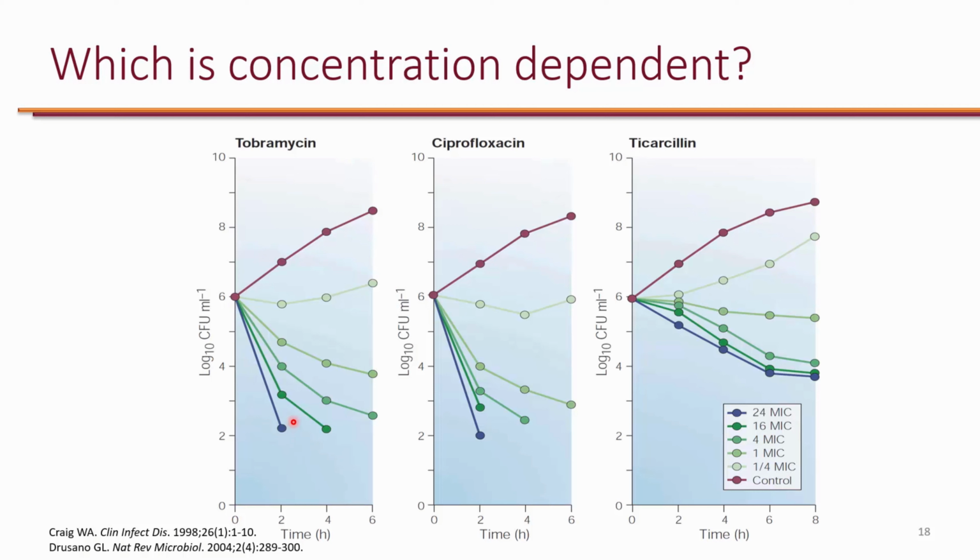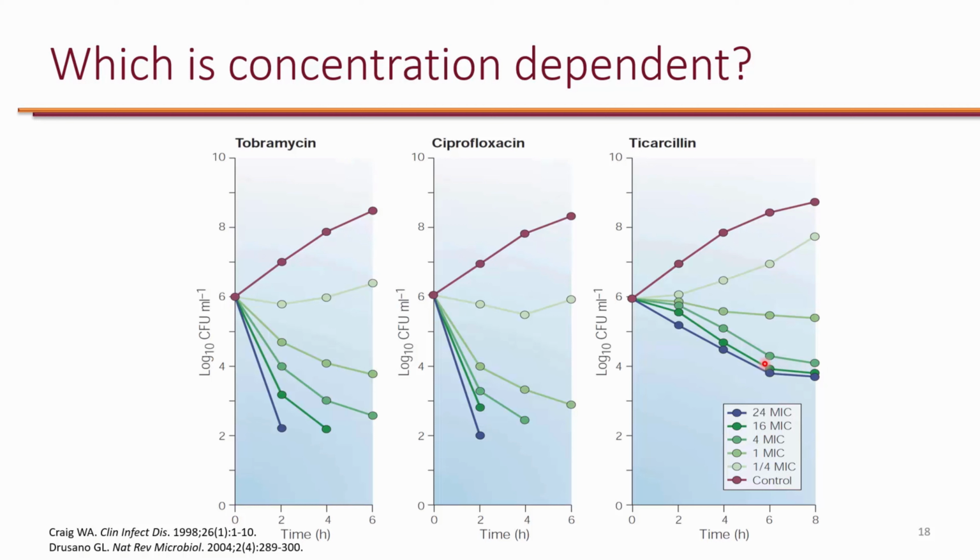Now let's look at ciprofloxacin. They did the same experiment. You can see that as they increase the concentration of ciprofloxacin, more and more of the organism died as time went on. Now compare that to ticarcillin, which is a beta-lactam. As they increase the concentration of this beta-lactam, the organism dropped, but at some point, increasing the concentration didn't make a difference anymore.